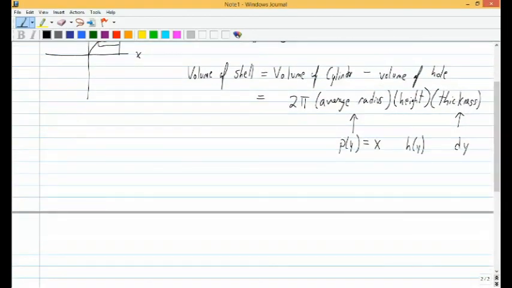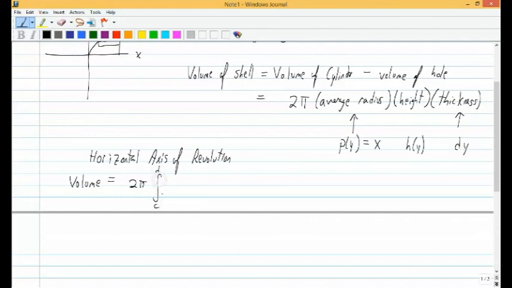So if we have a horizontal axis of revolution like we did above, then my formula for volume is 2 pi times the integral from c to d.